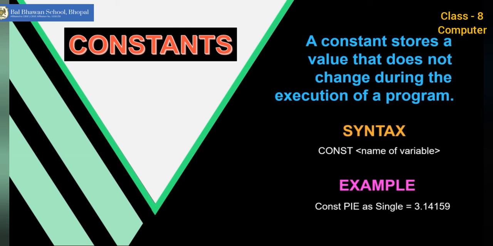Pi As Single. Now what is Single? Single is your data type. Every time you define your variable, you have to show what kind of data type it is. So pi's value is a constant value. Therefore, we are mentioning the pi value as 3.14159. This is how you declare your constant values.